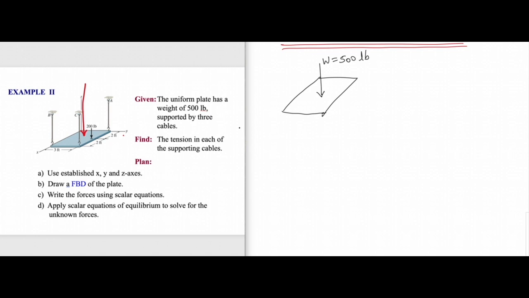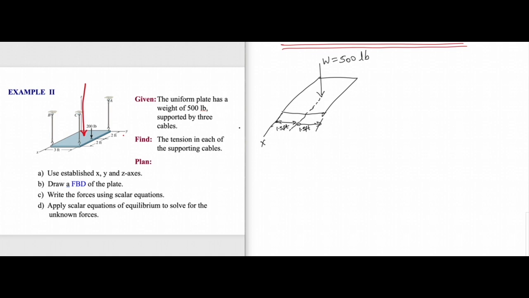That means if this is x-axis, this is 1.5 feet, and this is 1.5 feet, because the total is given as 3 feet.